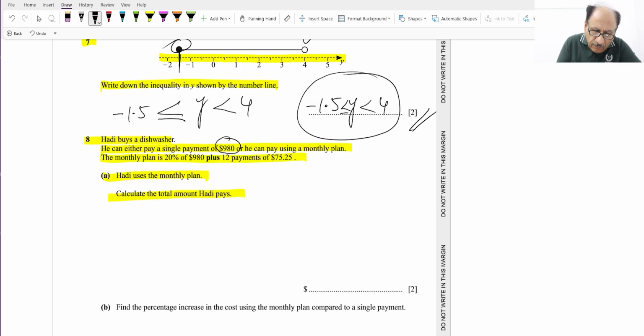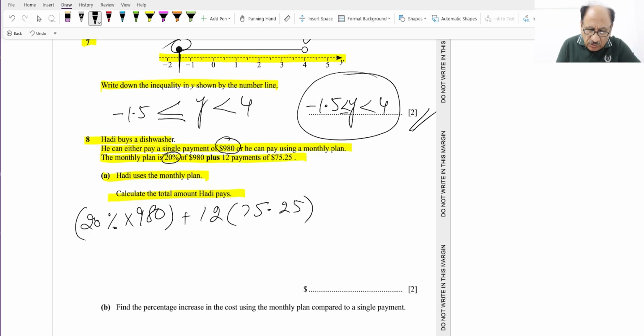Number one, this one, which is 20% of this. 20% of 980 he is paying, plus he is paying 12 installments, and each installment is 75.25, and this is what he is paying in total.